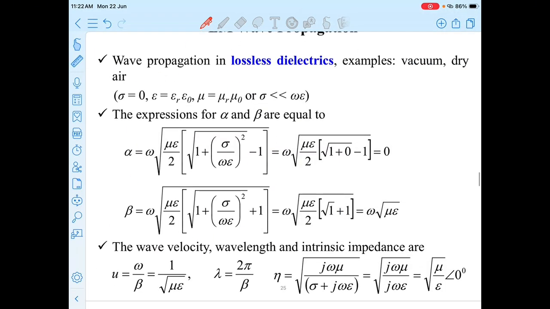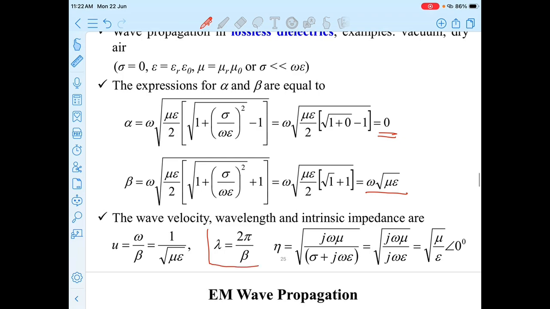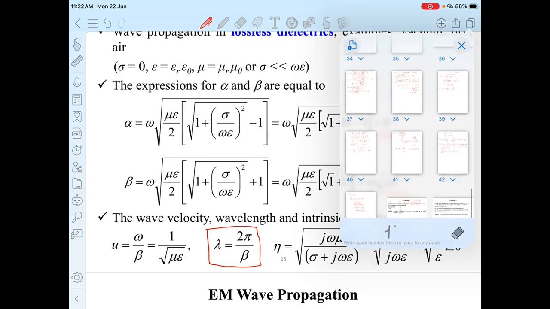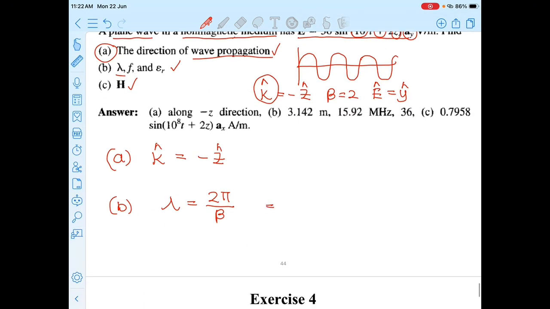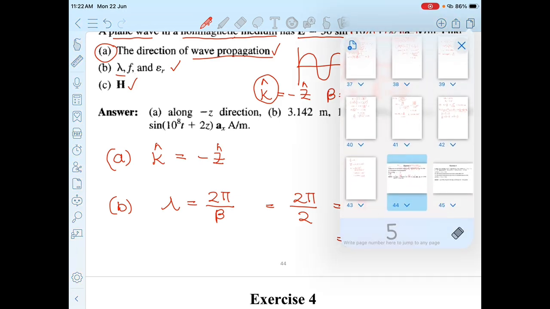For a lossless dielectric, the attenuation constant alpha is 0, and this is your beta, and this is your wavelength. So you can calculate the wavelength using these formulas. Putting in the value, 2 pi over beta, which is 2, gives pi, which is 3.142 meters. Meter is the unit. So this is the wavelength.